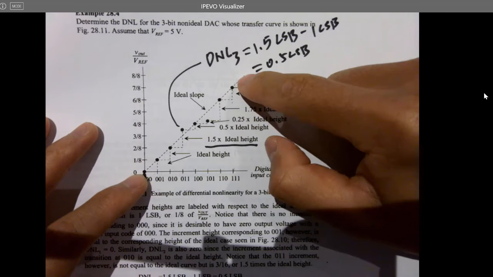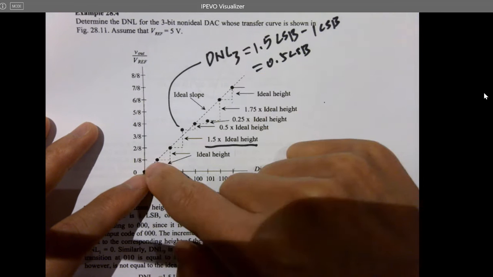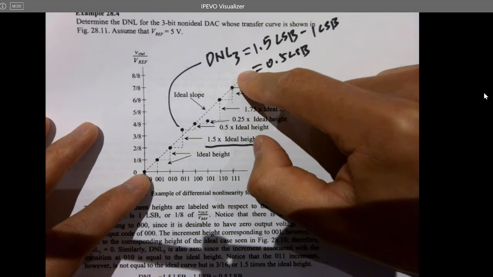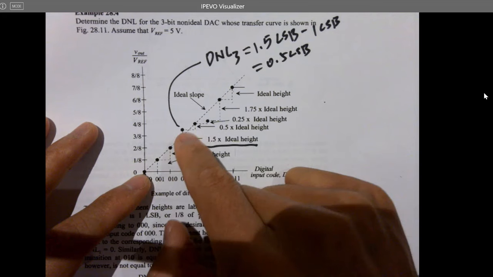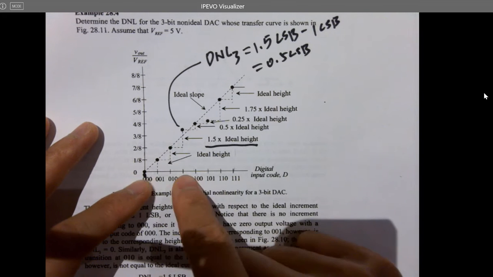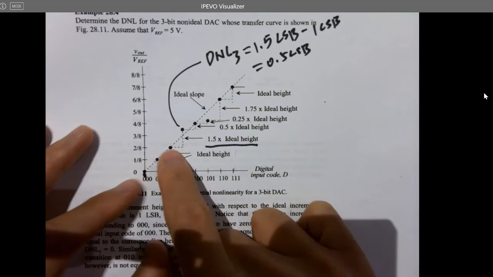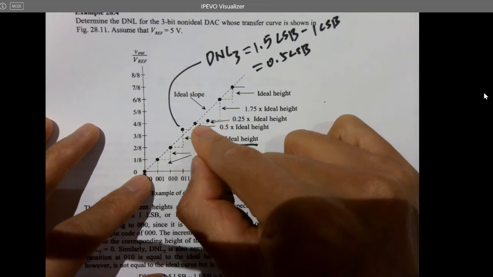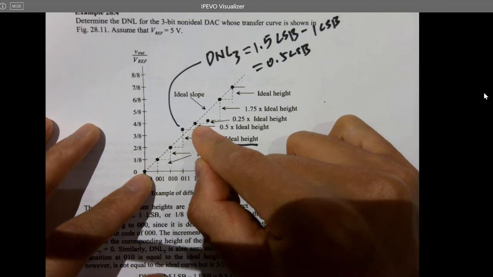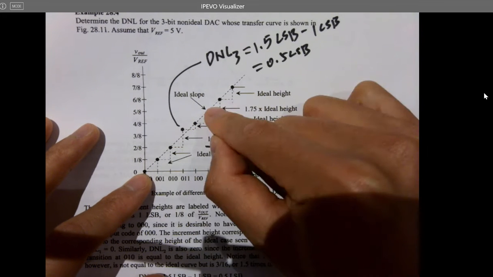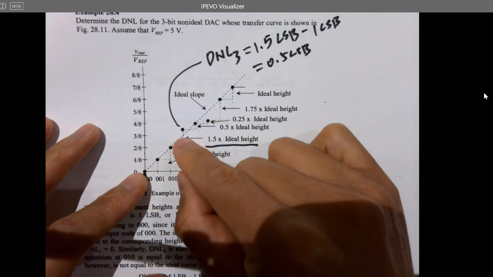That's the ideal curve. Ideally it should be like that, but actually it's not. These are the actual outputs for each input. You can see that the dots here are not necessarily on this ideal curve, so they are moving up and down.